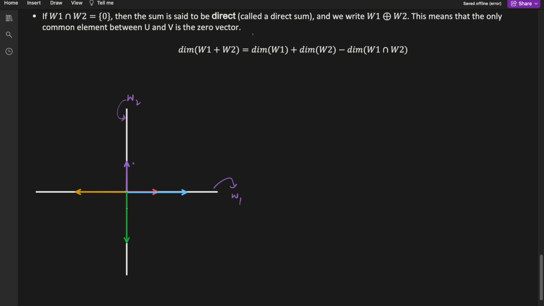Let us suppose this is vector x belonging to W1, and this is vector y belonging to W2. Now you take the sum of these two vectors x and y. This sum belongs to the sum of the subspaces.